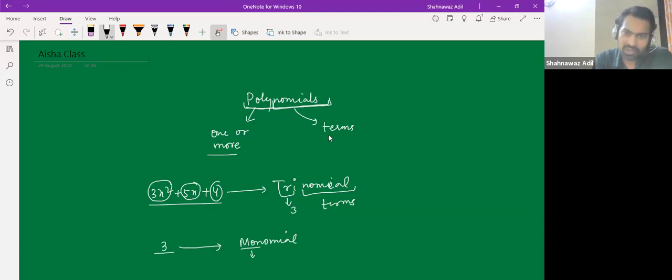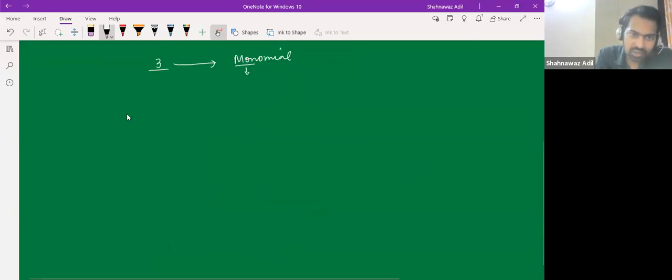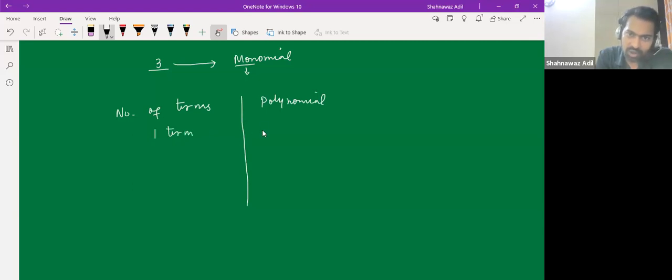So on the basis of number of terms, this is how the polynomials are defined. Let's say we write the number of terms and then the name of the polynomial. If we have one term, it will be called a mono.